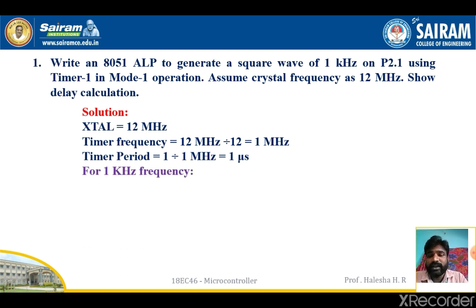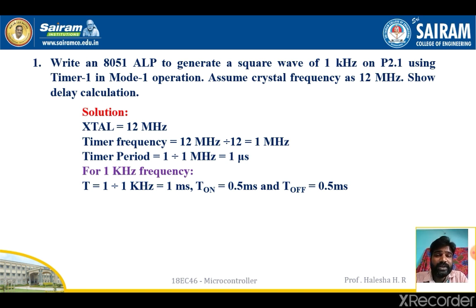Next, it is required to generate a 1 kilohertz square wave, no? For 1 kilohertz frequency, the time period is 1 millisecond. Since it is a square wave, the duty cycle is 50%. So T on is 0.5 millisecond and T off is 0.5 millisecond.